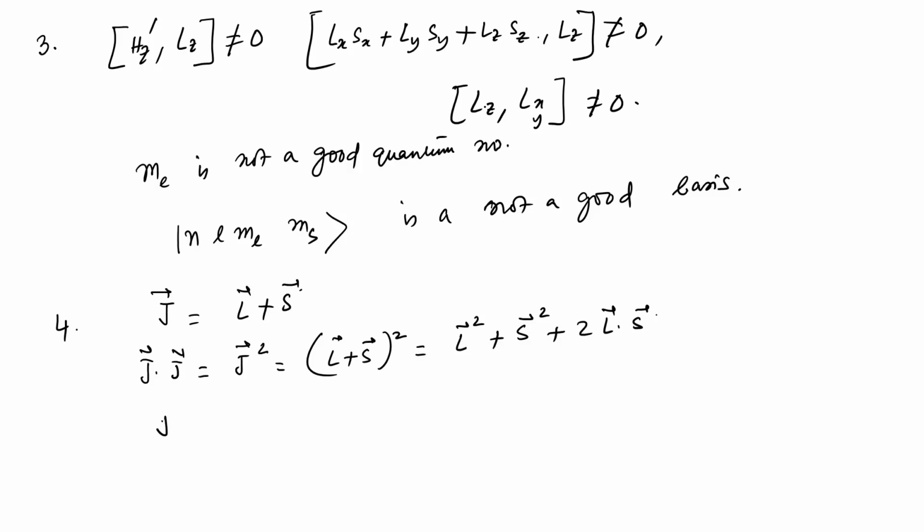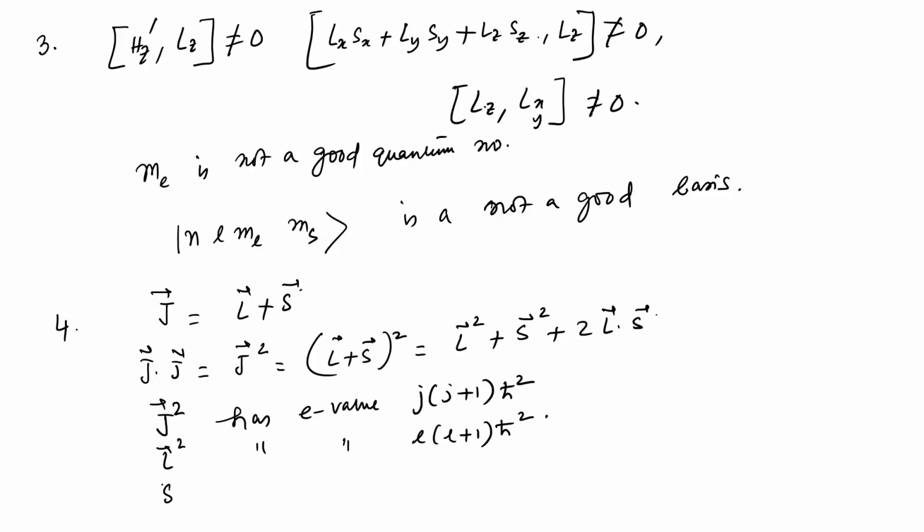All right. So, J square has eigenvalue J into J plus 1 h cross square. L square, which is known to be a good quantity, has eigenvalue L into L plus 1 h cross square. While you go through this in some books, they might have dropped this h cross or put h cross equal to 1.